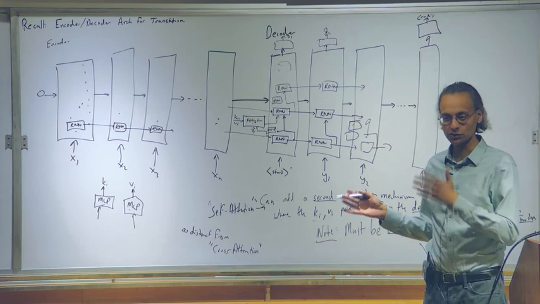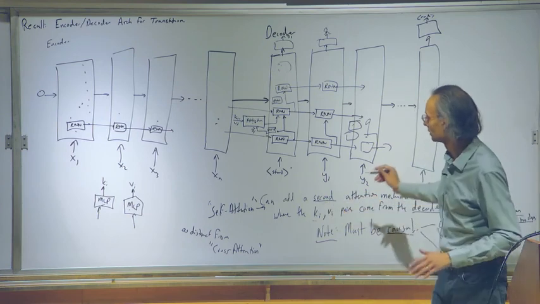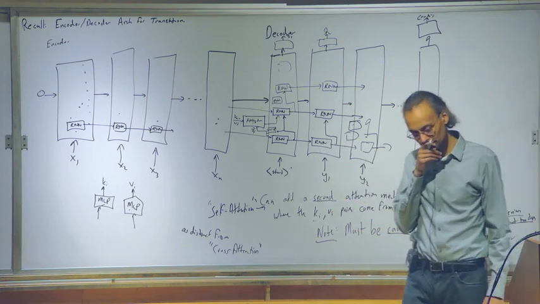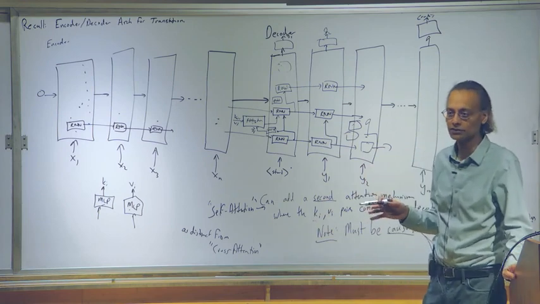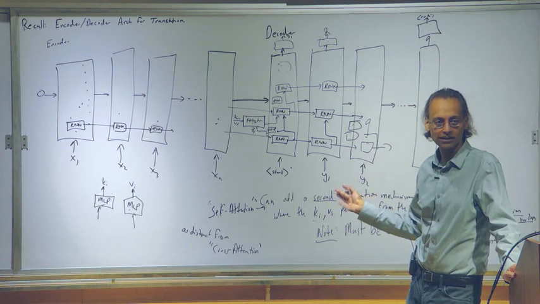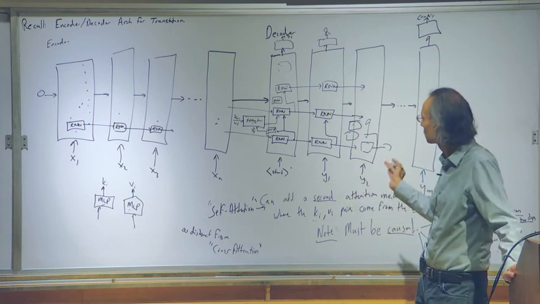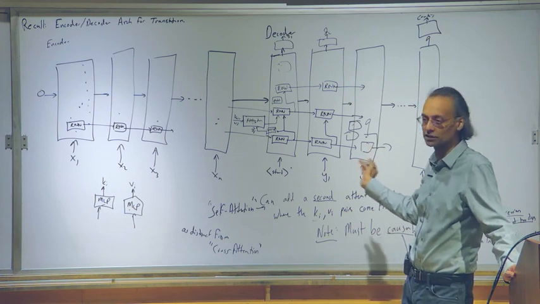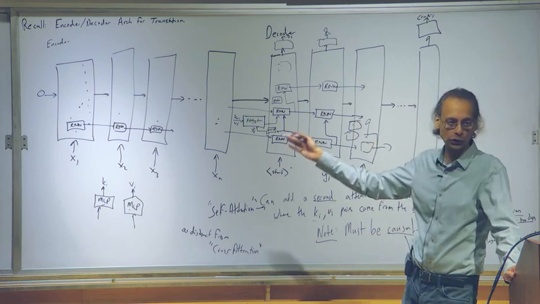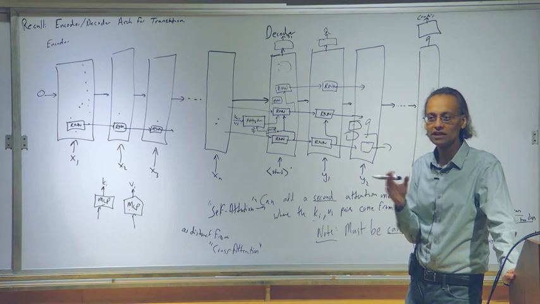But once you've added self-attention in the decoder, it is natural to wonder what information is actually needed in the RNN. I have memory that lets me look back at the previous things my decoder was doing, which is the self-attention. I have cross memory that lets me look at what the encoder did. So what do I need my state for?